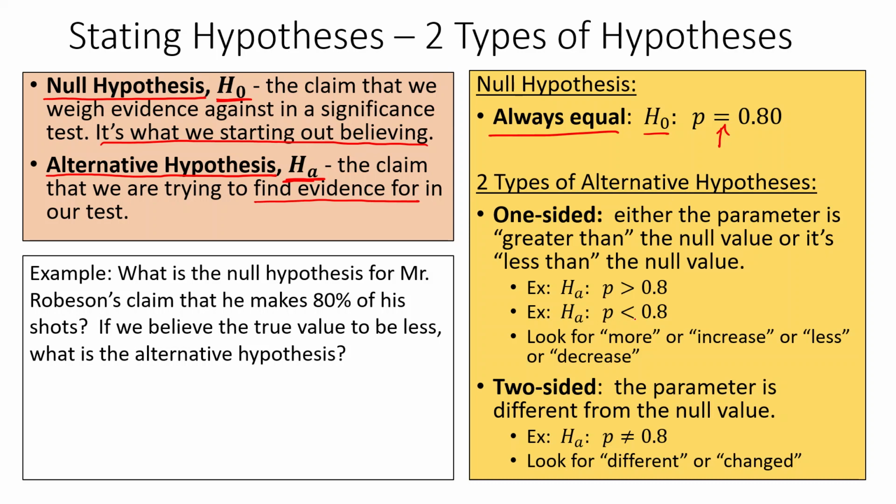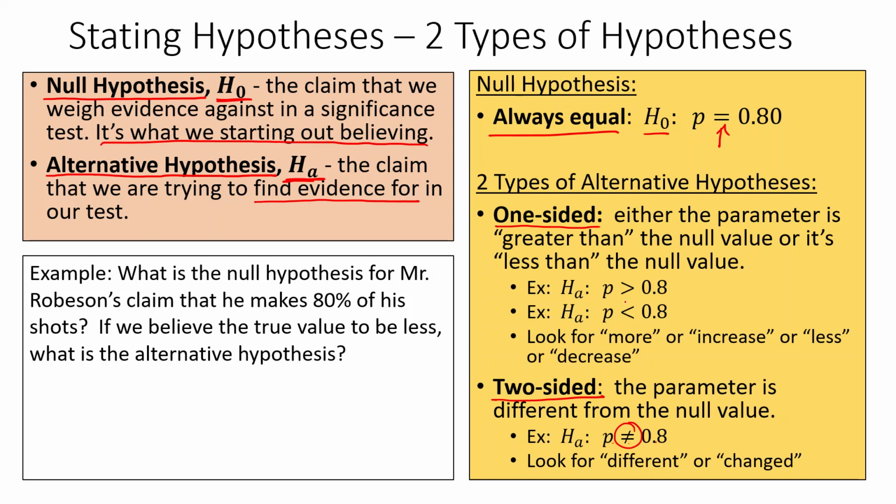We can think that the P is less than the 80%, or we can think that the P is different from the 80%. So these greater than or less than are called one-sided tests because we're only looking one way. Is it above it or is it less than it? These not equal to, we can look two different ways, so it's a two-sided test. It could be less than or greater than. That's why we say it's a two-sided test when we have the not equal to sign.